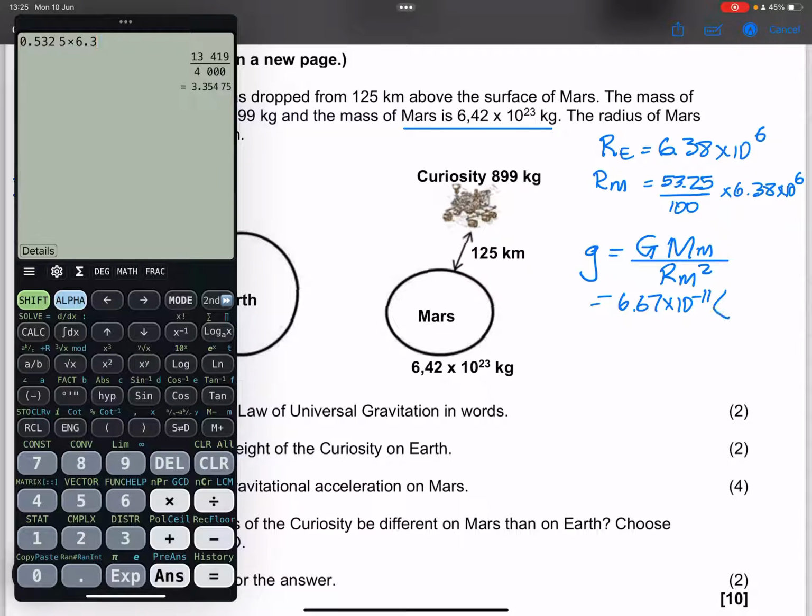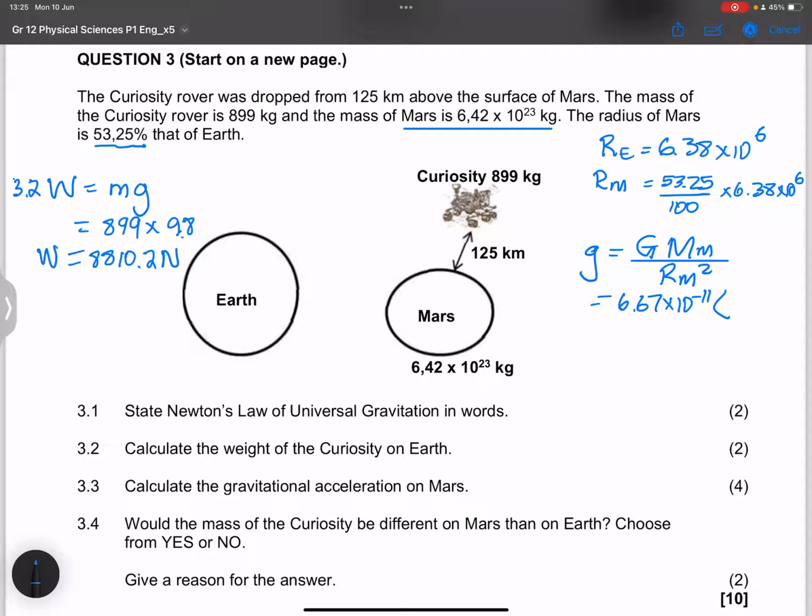We know the mass of Mars, that's 6.42 times 10 exponent 23. That's divided by 0.5325 times 6.38 times 10 exponent 6, and remember that is squared.